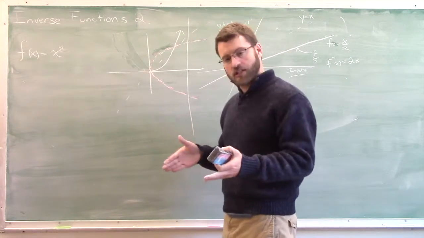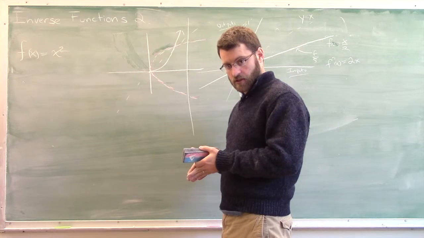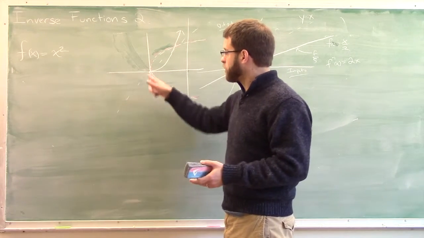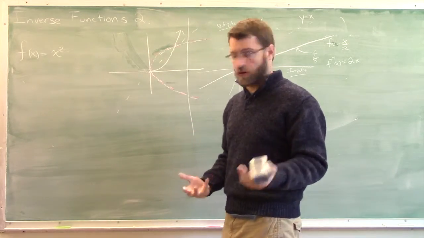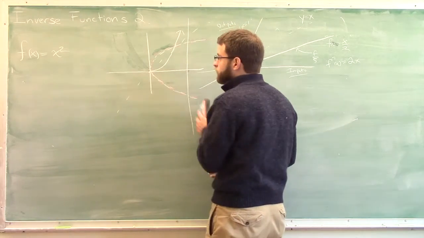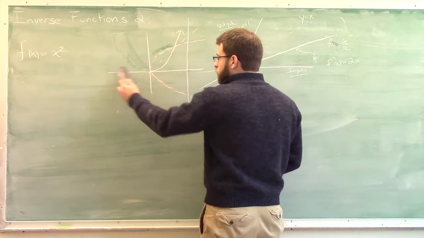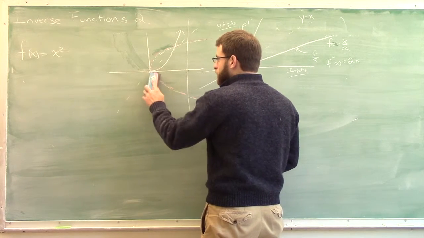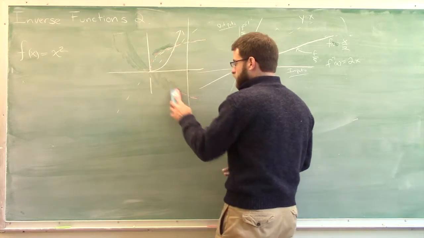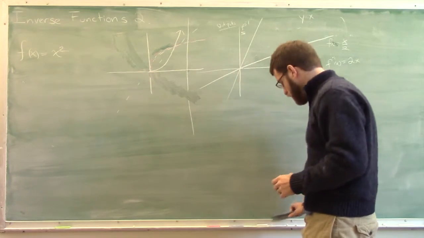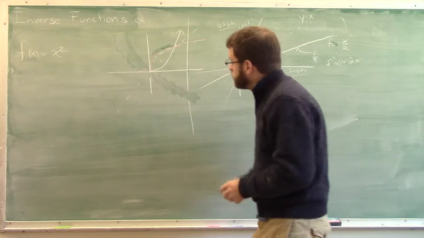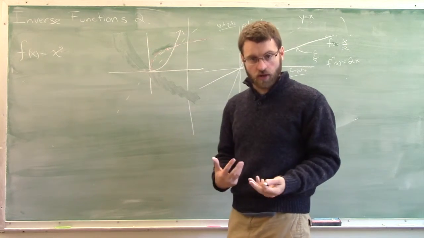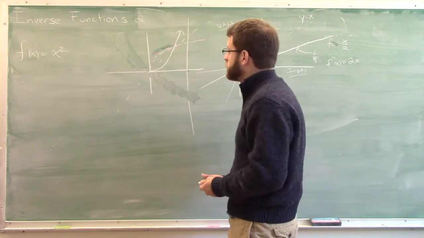We just restrict the domain of the function, the possible inputs, so that we leave out the parts that are going to cause problems with the inverse. If I remove all the negative values from the domain, then the bottom branch disappears as well, and I end up with a smaller piece where the inverse is well defined. It does satisfy the vertical line test.